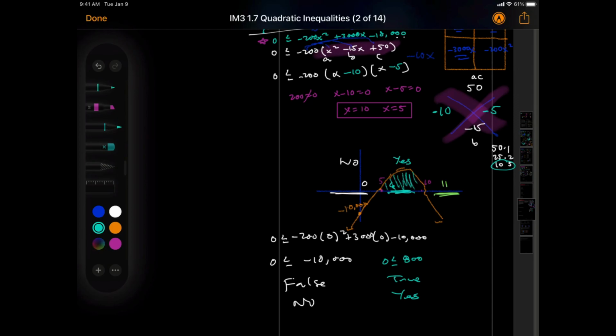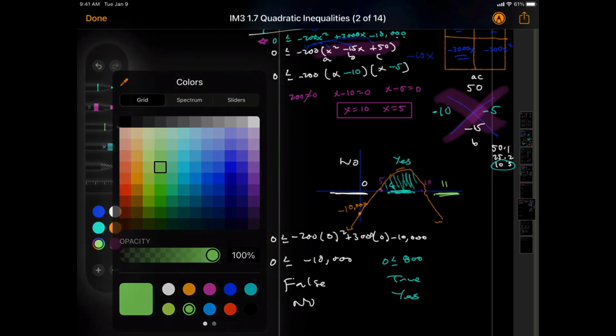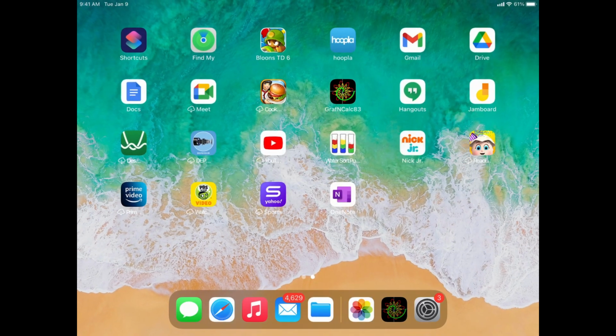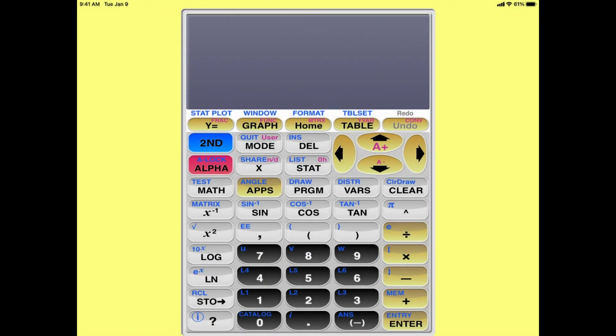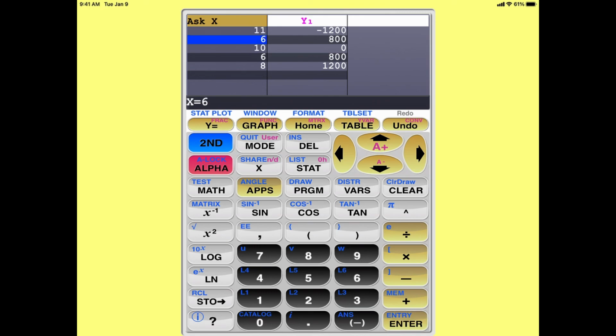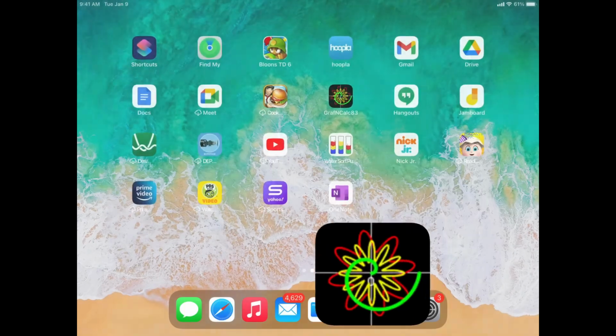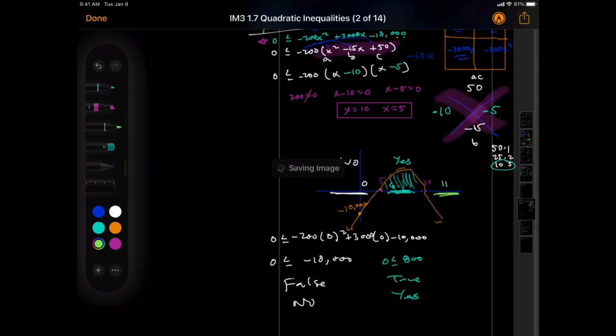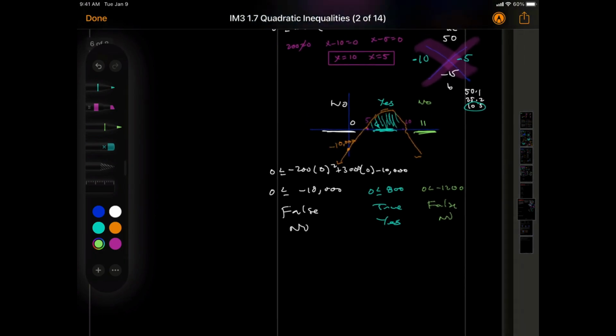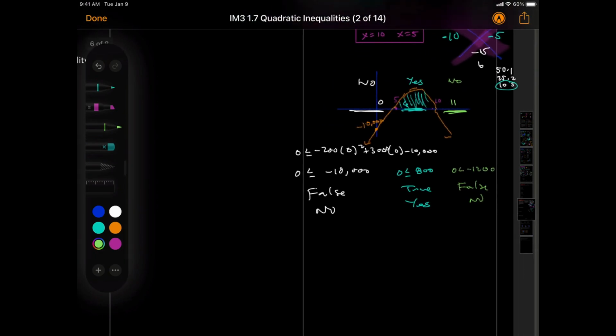And then let's do the green. So the green was 11. Table, press 11, and you get negative 12,000. Whatever the case is, it is false. So this area is no. So then my answer in blue is between 5 and 10. So how do I write that?